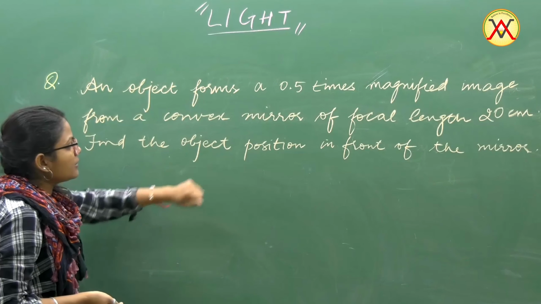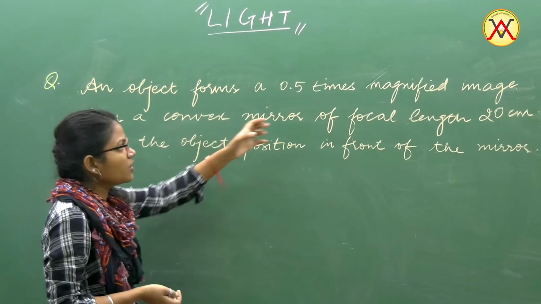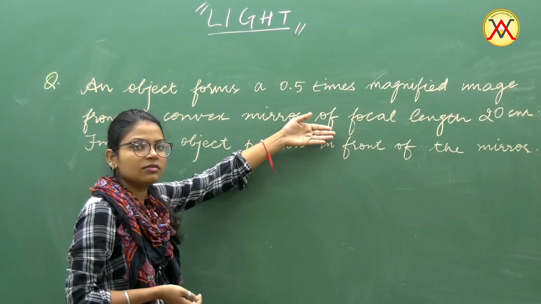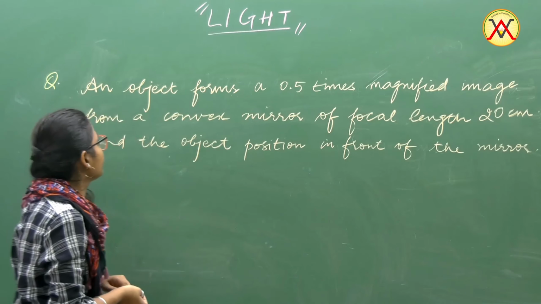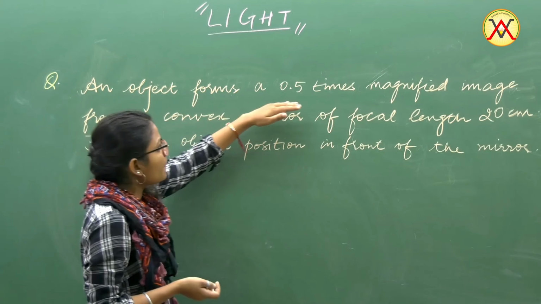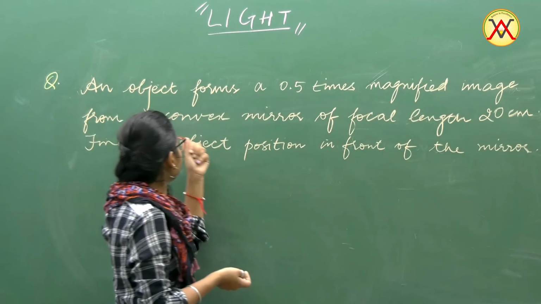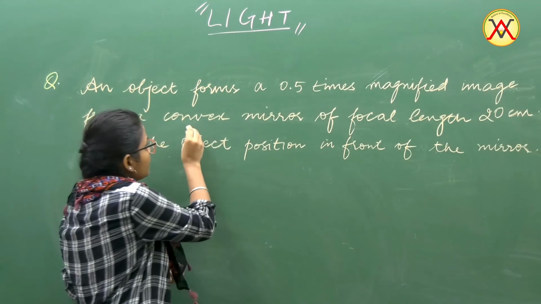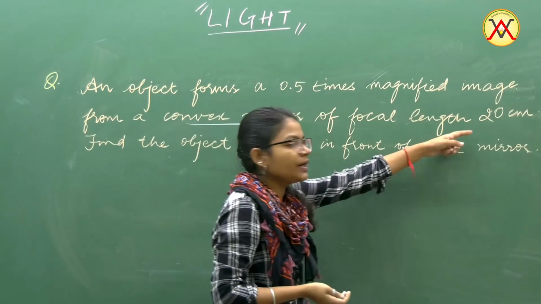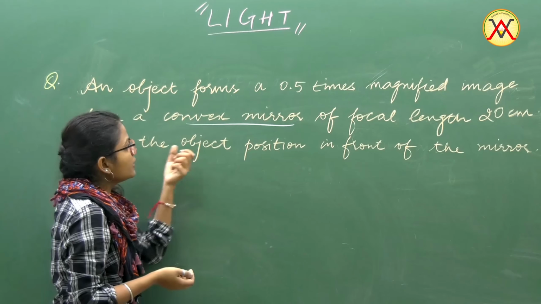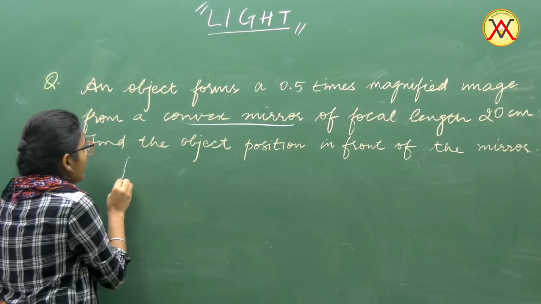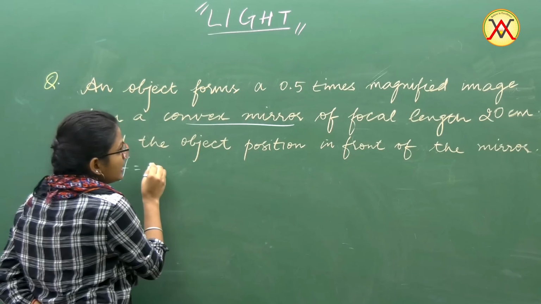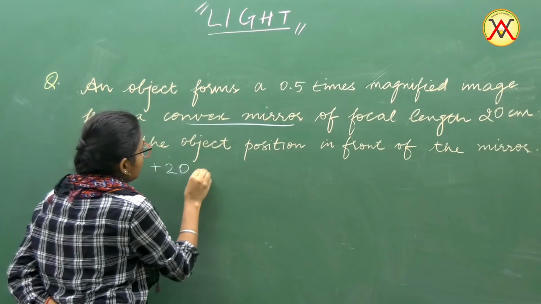Let's suppose we have another set of questions in which we have been given the magnification and focal length of any mirror, and we need to find out the position of the object. An object forms a 0.5 times magnified image from a convex mirror of focal length 20 cm. Find the object position in front of the mirror. Alright, we have been given our focal length as 20 cm.